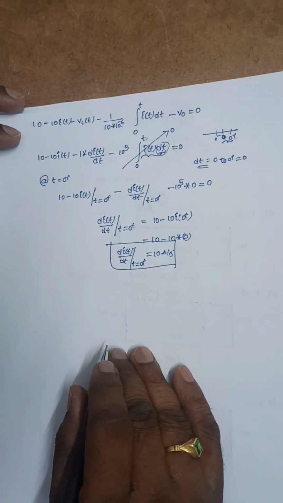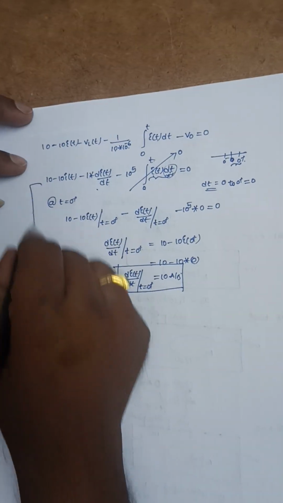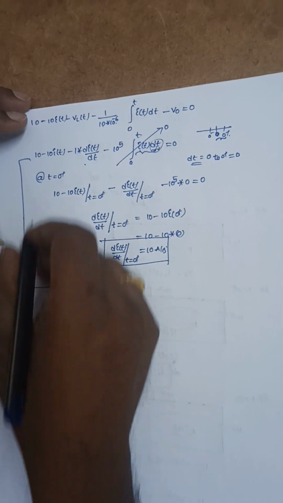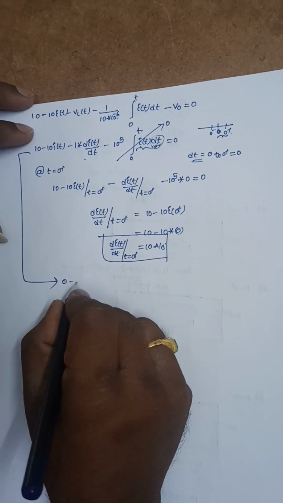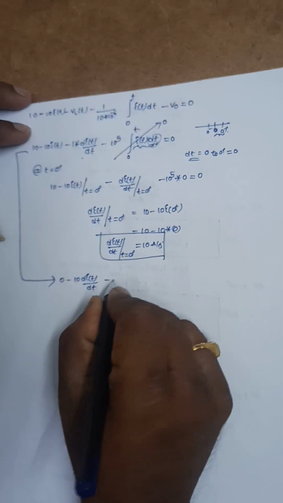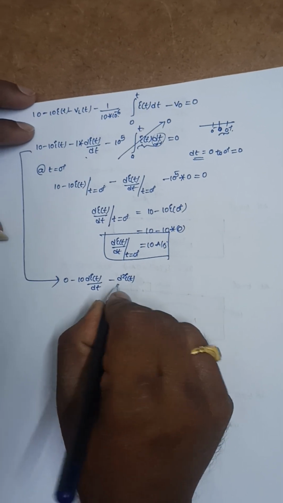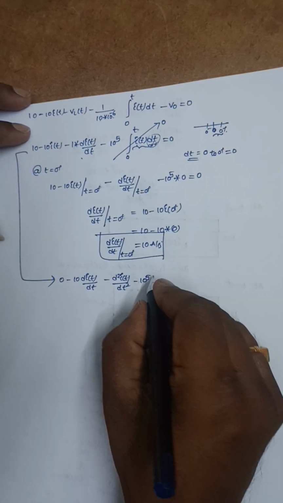Next, use the same expression to find the d square I by dt square. Differentiate this with respect to time. 0 minus 10 into di of t by dt minus d square I of t by dt square minus 10 power 5 into I of t; differentiation and integration will get cancelled.